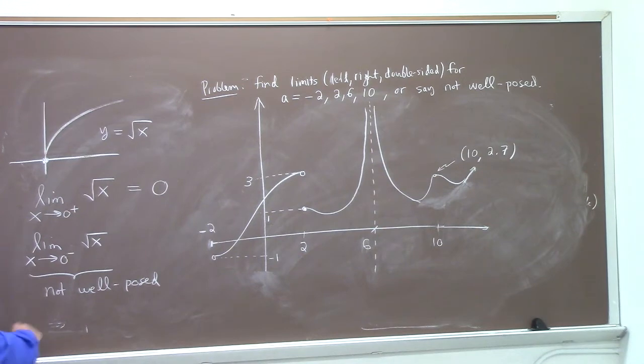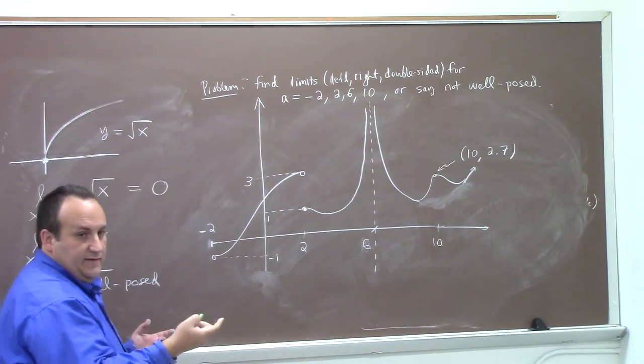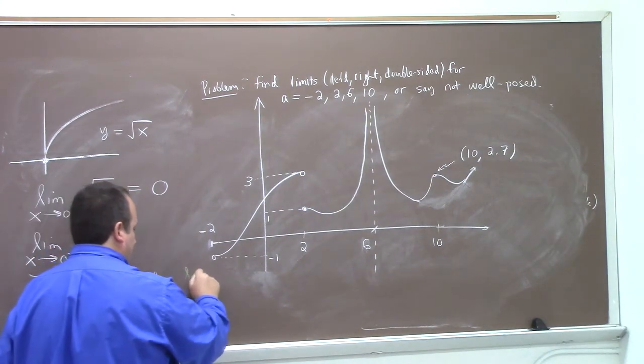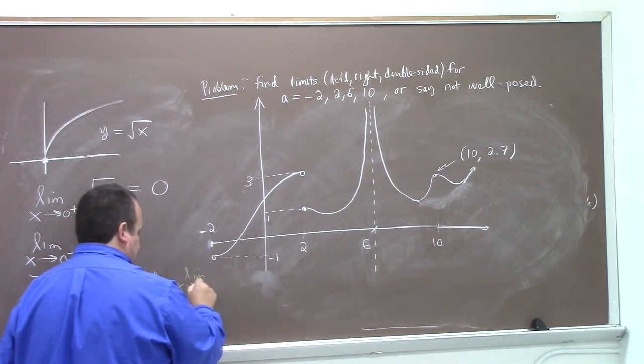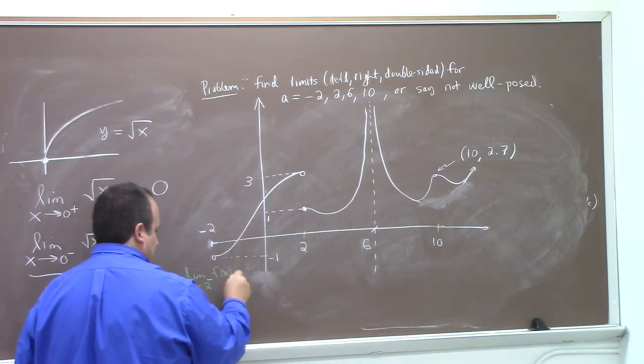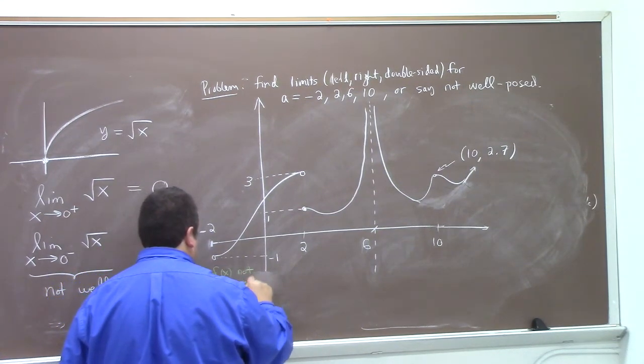So okay, how about this one? Definitely, we can't calculate the double-sided limit. I mean, the limit as x approaches minus 2 from the left of f of x. Not well posed, right?